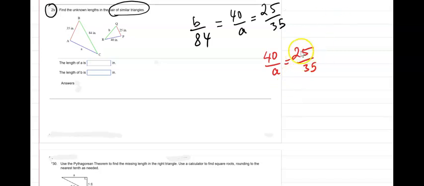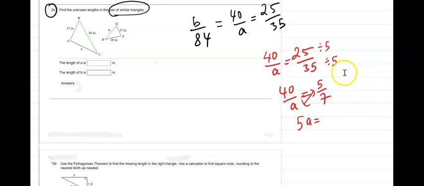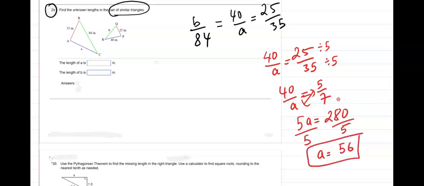I can reduce 25 over 35: if you divide each by 5, you get the lowest fraction, which is 5 over 7. So now you cross multiply. 5A equals 40 times 7, which is 280, and you divide by 5 to solve for A. So A equals 56. Okay, the value is 56.